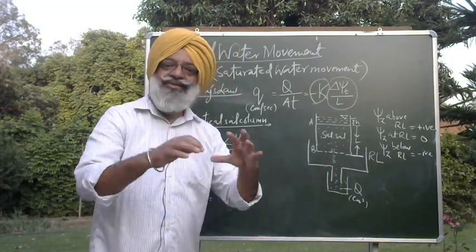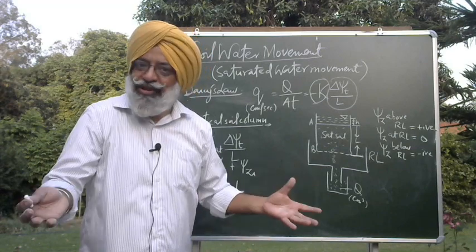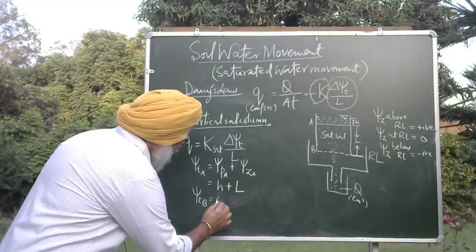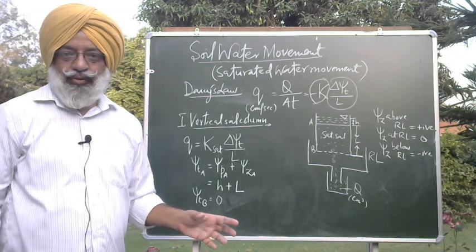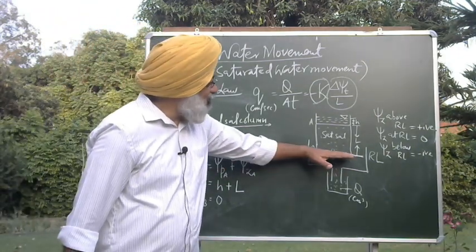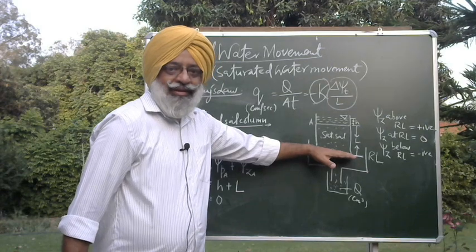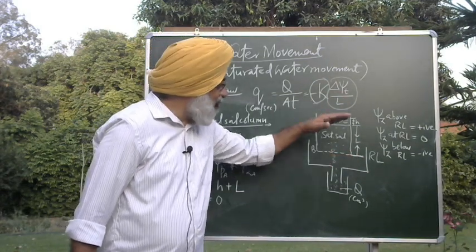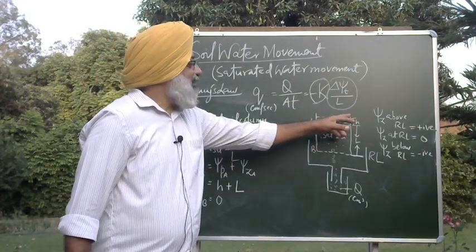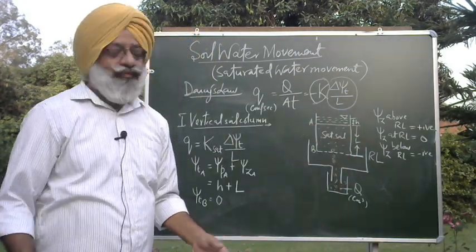So when there is free flow, there is no pressure potential. So should I say that pressure potential at B is 0? Yes. I hope you got my point. If this would not have been there, if it would not have percolated, there would not have been any free flow of water, then this H plus L would have been true.